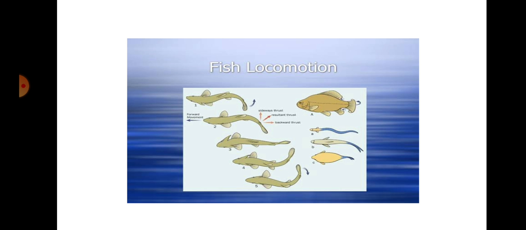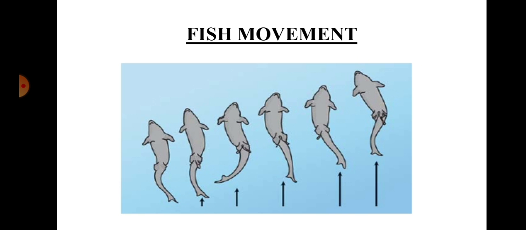It possesses a streamlined shape which enhances the locomotion coordination between muscles and tail, helping the fish to move. The fins and tail help them to move, balance and change their direction in the water. Okay.